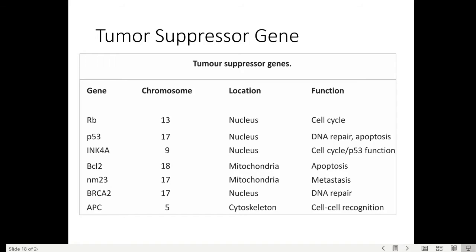What happens in the tumor suppressor gene? The RB gene is on chromosome 13, present in the nucleus, and affects the cell cycle. A cell cycle means cell growth happens in phases, and at any step, based on this information, they ask the question.